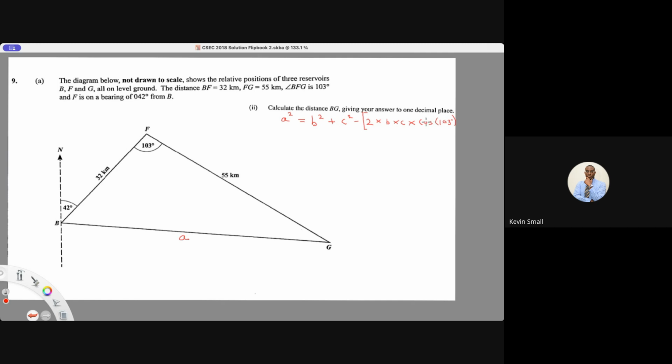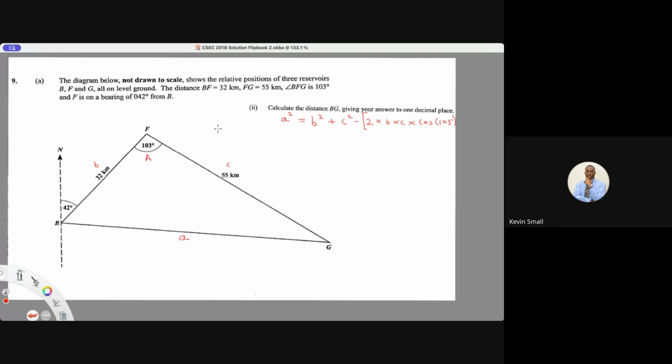All right, so that is the cosine rule, and I think Jella has the right answer. Okay, so let's plug in the values. I will call this b. I will call this c, and I will call this angle capital A.